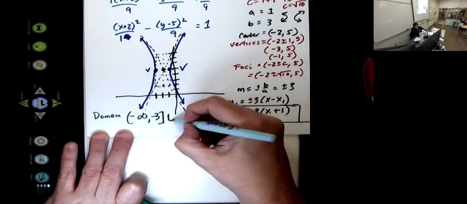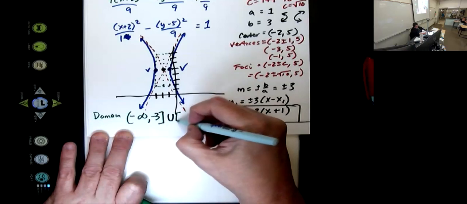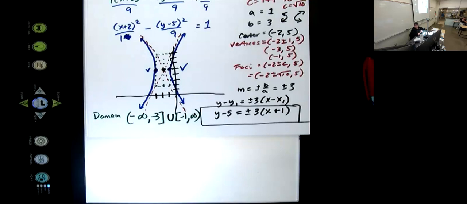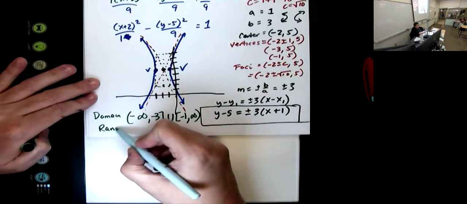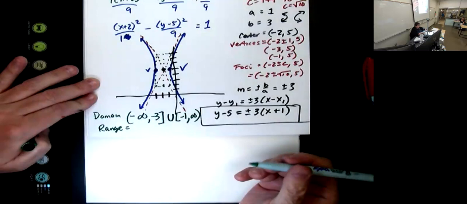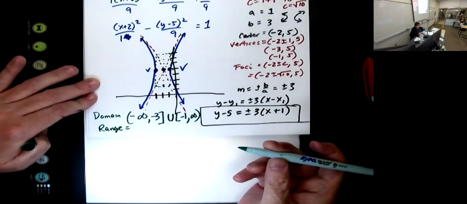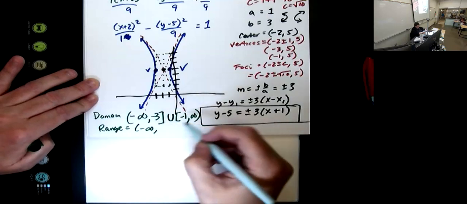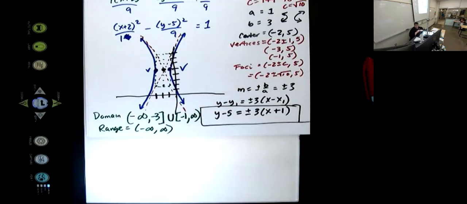And then the hyperbola starts back up at -1. What about the range? -infinity to infinity, yeah. That's it.